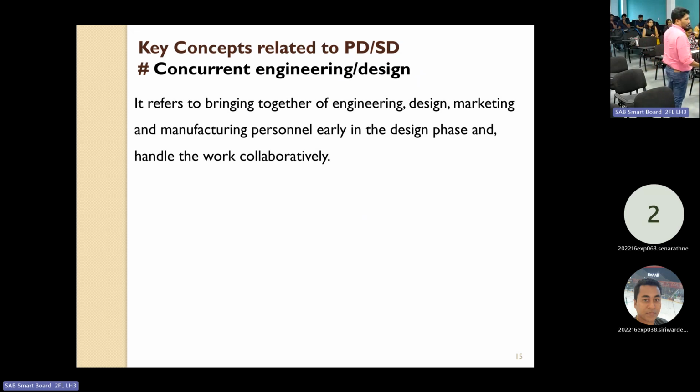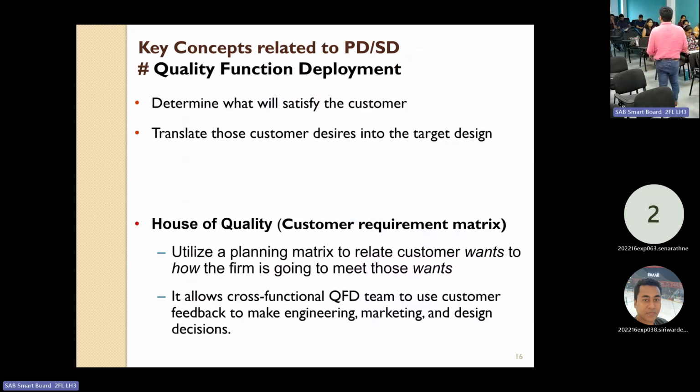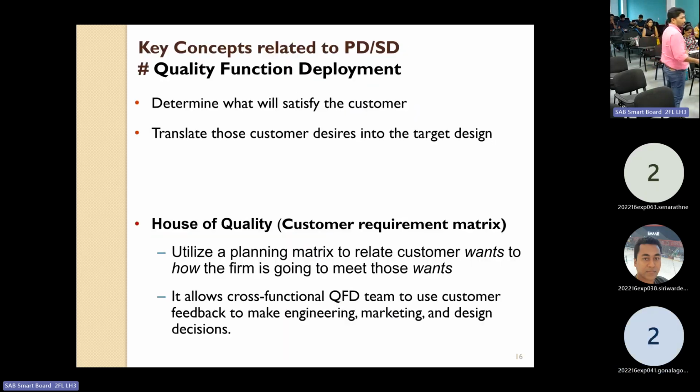Then we talked about a product development approach that has become popular now, which we call QFD, quality function deployment. And there I showed you this tool, House of Quality, also known as the customer requirement matrix, the kind of tool that is used to start from customer requirements and specify the product characteristics accordingly.